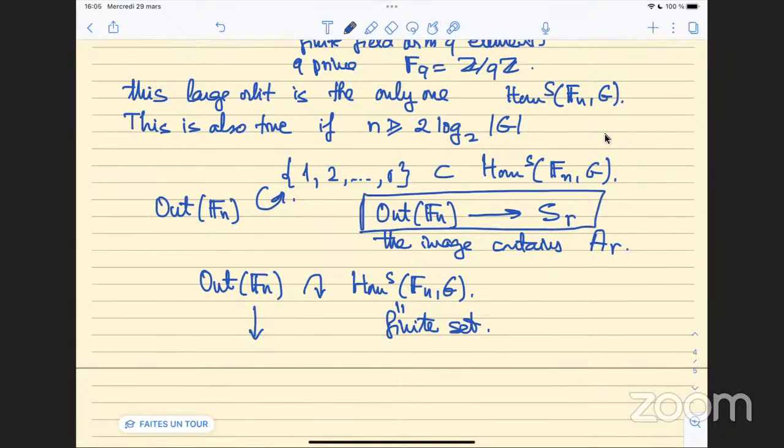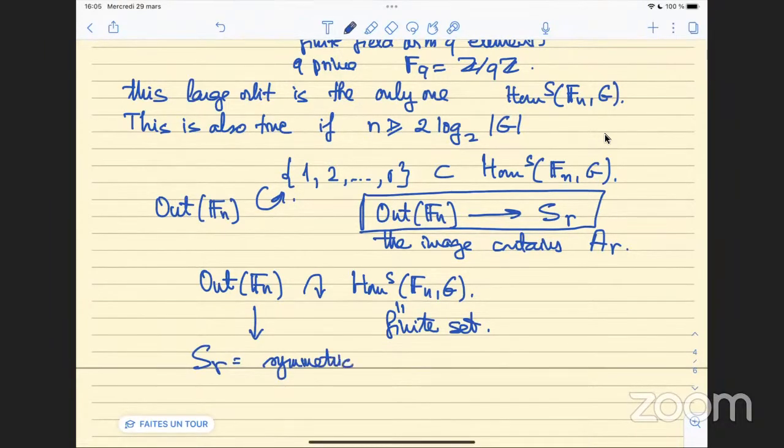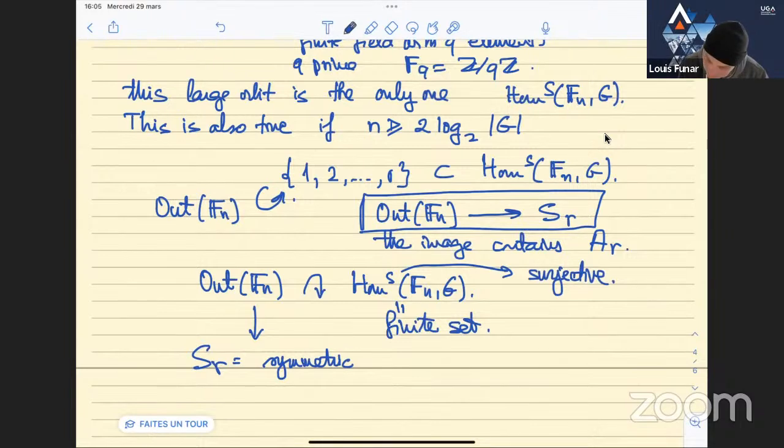What does it mean? S, I don't understand. SR is the symmetric group. No, Hom with upper script S. What does it mean? Oh, surjective. Ah, okay. Surjective everywhere, sorry. I'm always using this because I'm just taking surjections, epimorphisms.